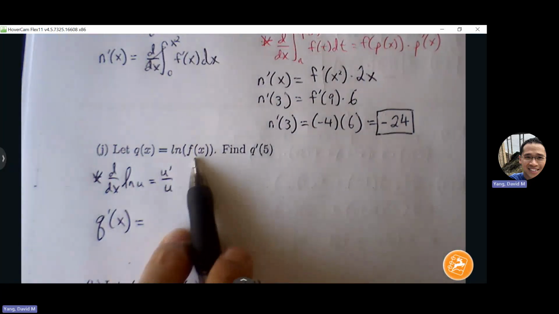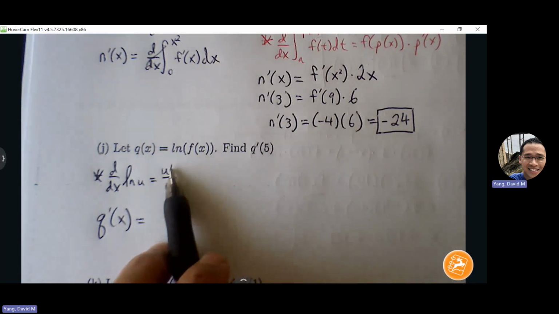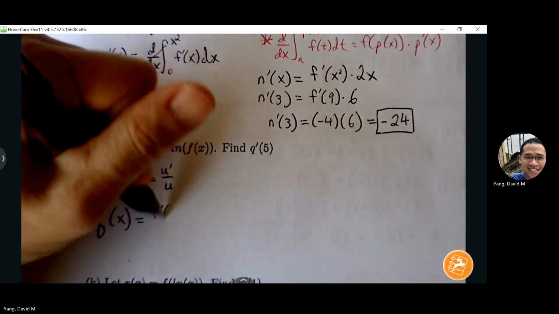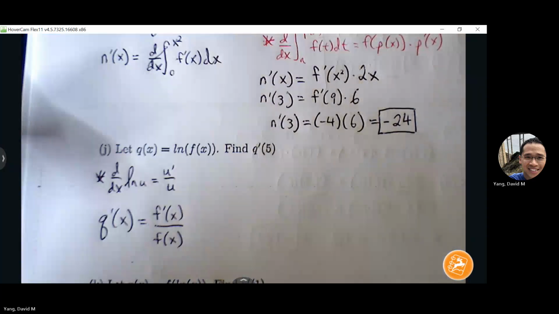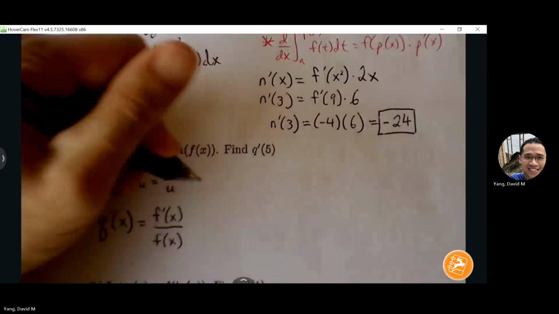What do you think natural log of f of x is going to turn into? f prime over f of x. Replace every x with 5.